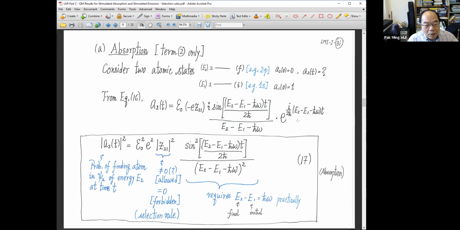Okay. Now we can get an answer in one step. We just take the a2 square. So take this thing square.